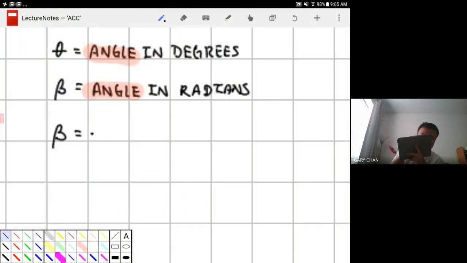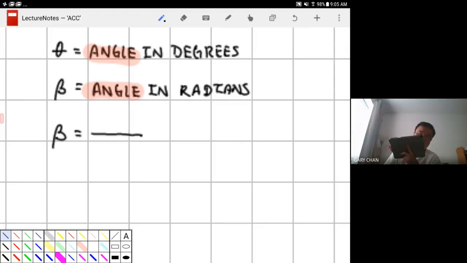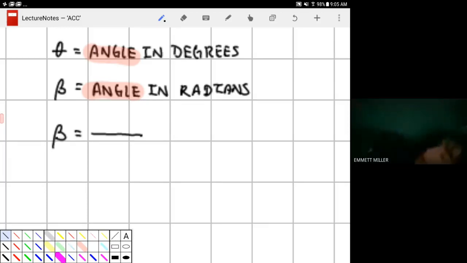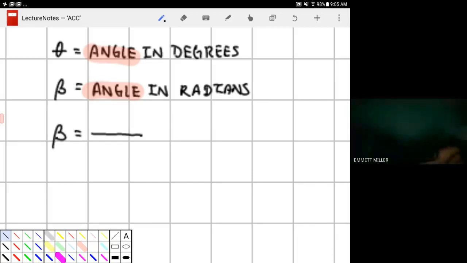Beta is equal to, Emma, do you remember what that is? No, the conversion, going from theta to beta. Oh, it's like converting it to, it would be 180 over pi.